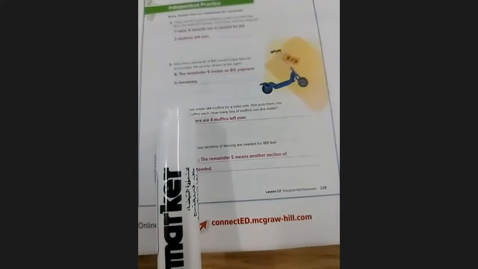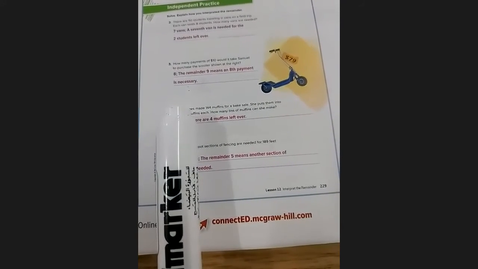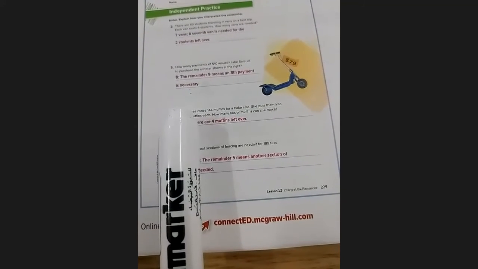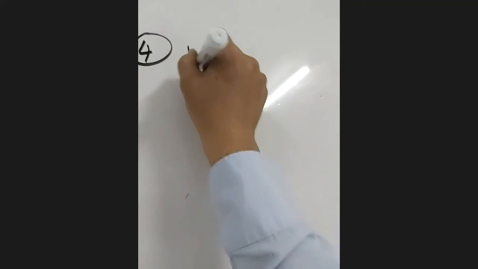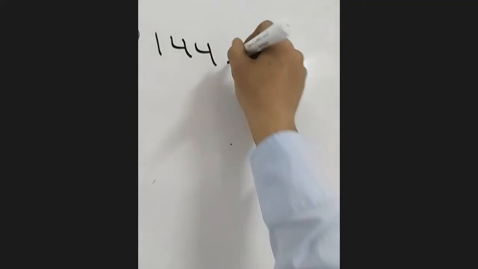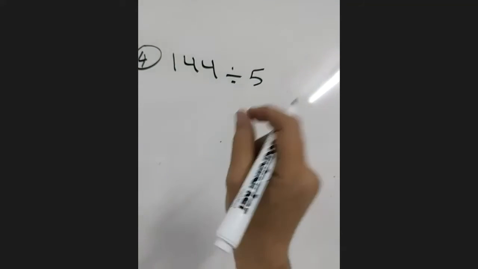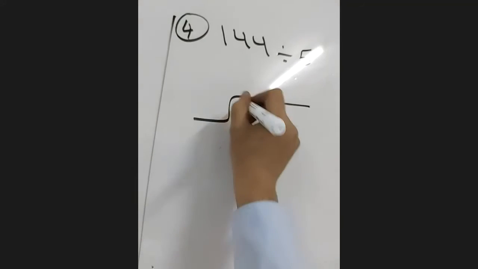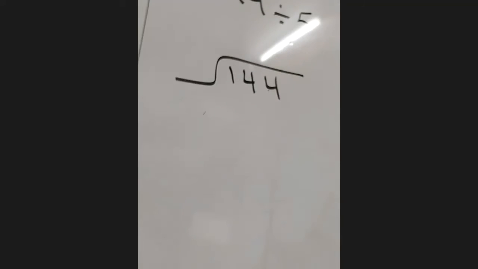So we have the total of 144 muffins and tens of 5 muffins in each. We will divide the total number of muffins by the number of muffins in each ten. Now, let's make the division to know how many tens of muffins we can have.